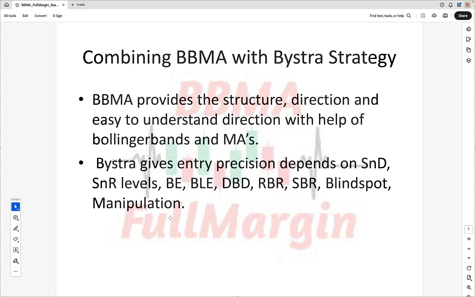So I normally use BBMA for direction and confirmations, and for entry points where the market can potentially come to, Bystra, which is S&D, SNR levels, bearish engulfing, bullish engulfing, drop base drop, rally base rally, support becomes resistance, blind spot, manipulation, my favorite one.